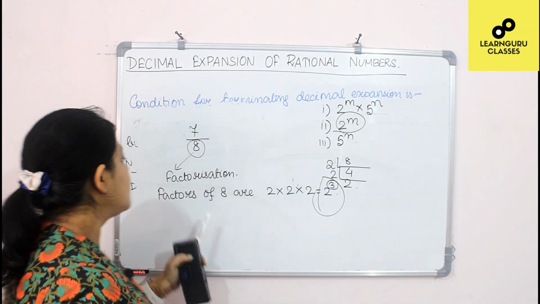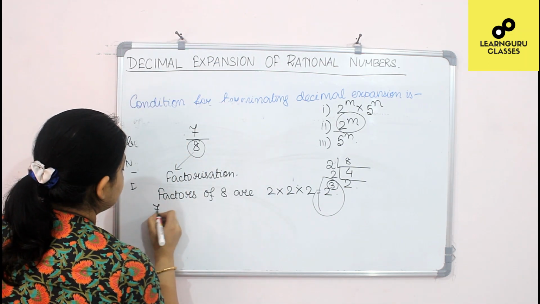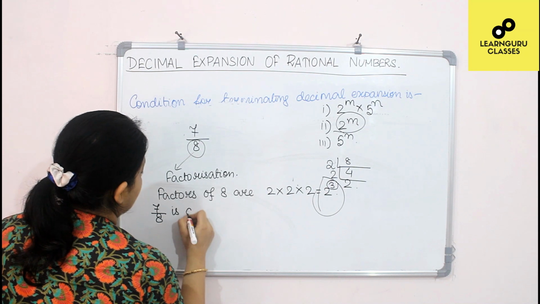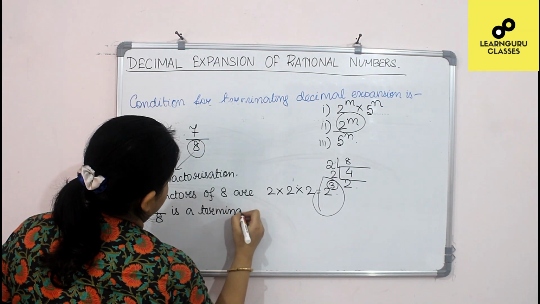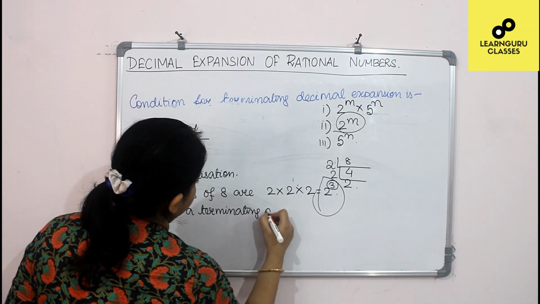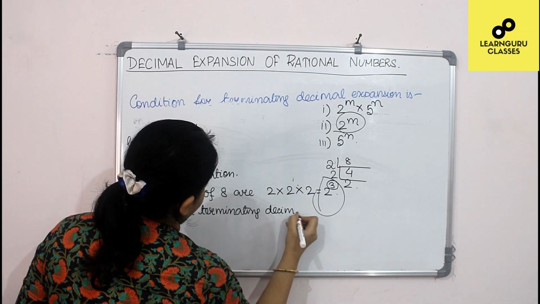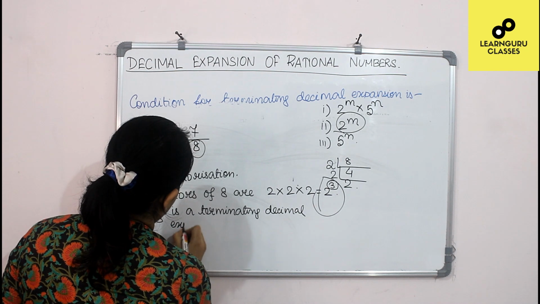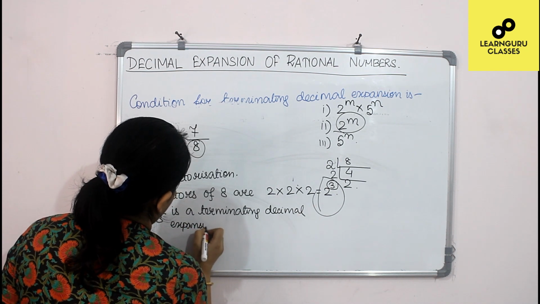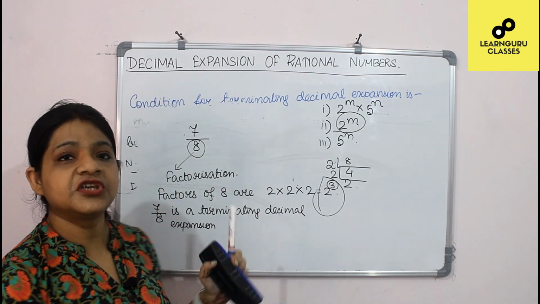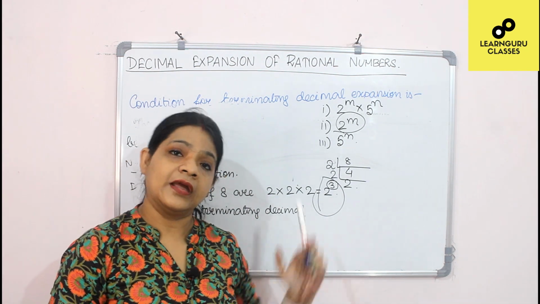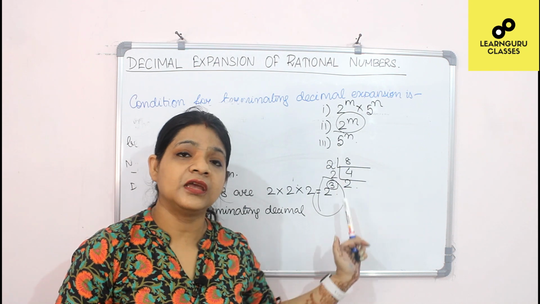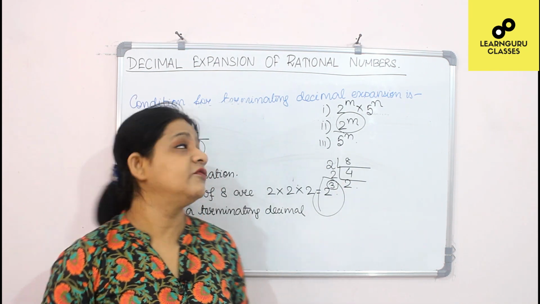Yes, so we can say that 7 by 8 is a terminating decimal expansion. Do you want to check whether whatever I am telling is correct or not? Let us cross check it with the help of the long division method.